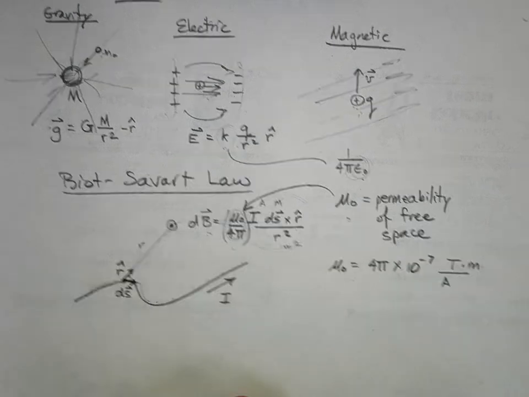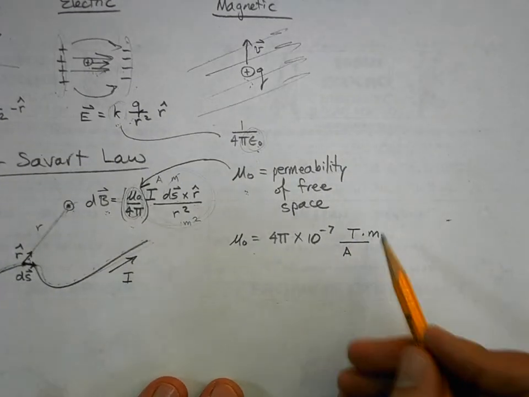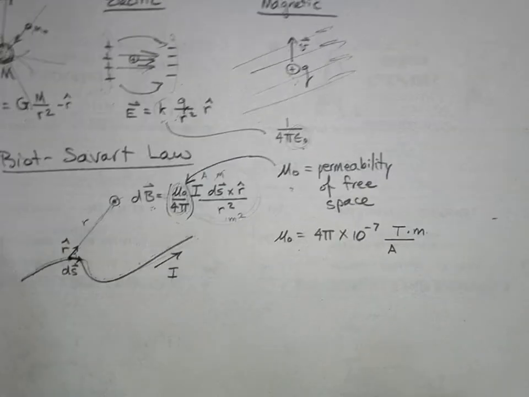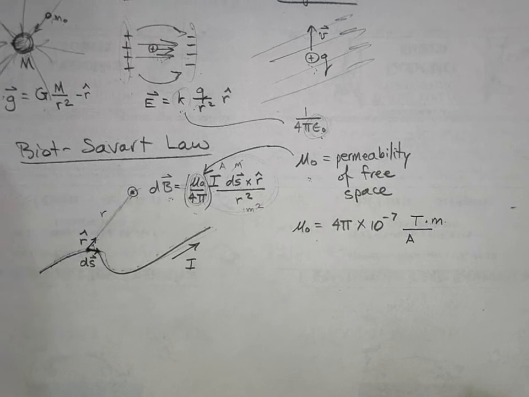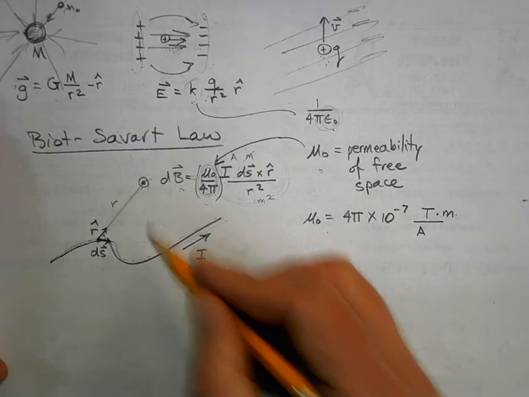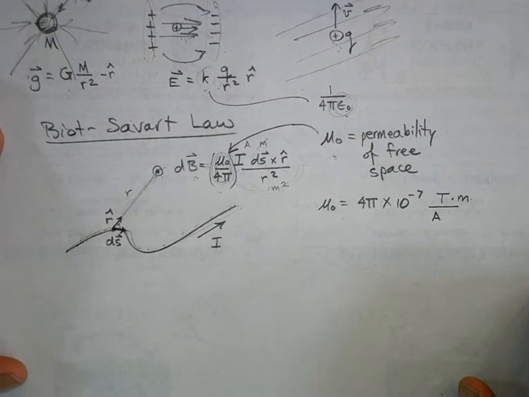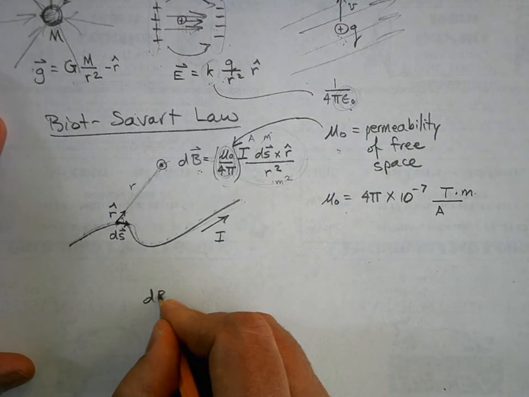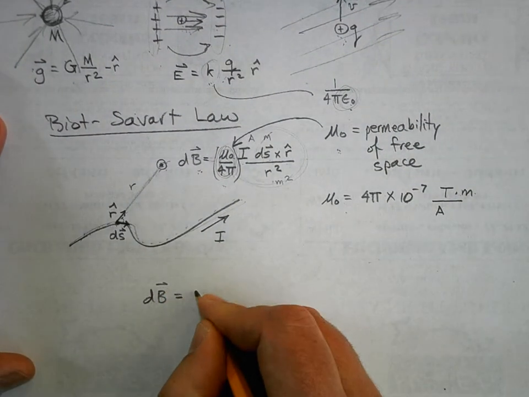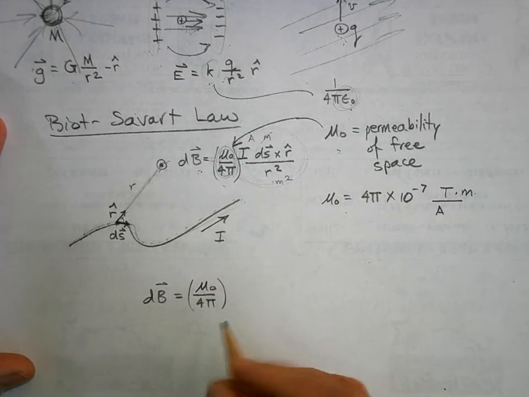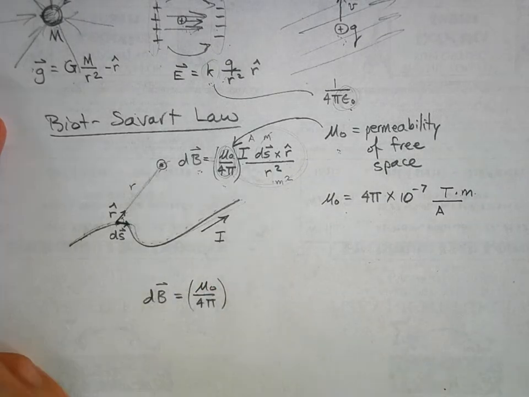This cancels out the same way so that we can have Teslas. Okay? So now this is the Biot-Savart Law. Let's just rewrite it down here. So dB is equal to mu naught over 4 pi. This is just a constant of proportionality. It makes all the units work.